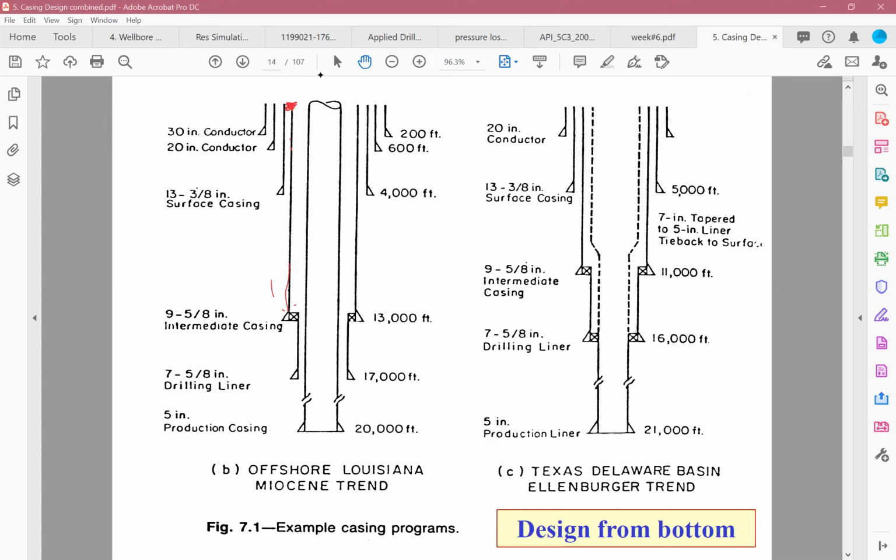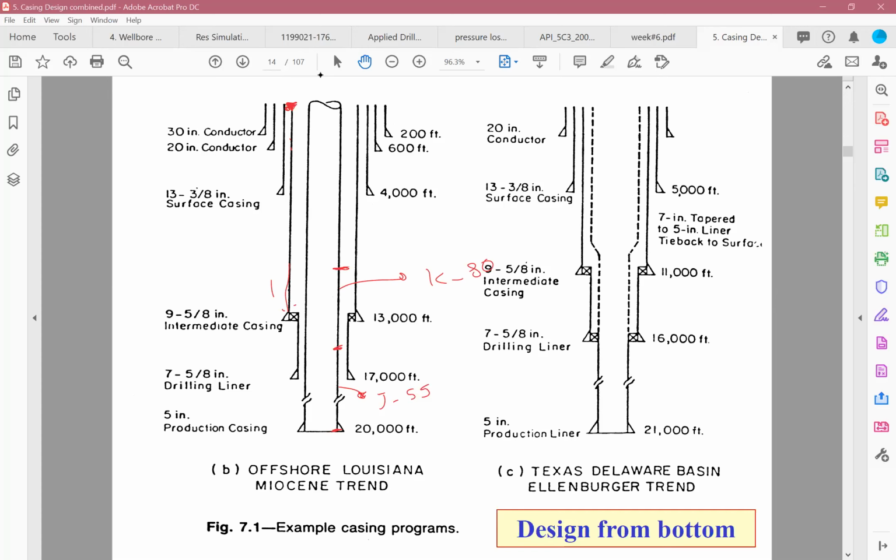Okay. And for that purpose, we start from the very bottom. So for example, in your wellbore, you might have a section. Let's say you are designing your production casing. This might be, I don't know, J55 casing with one specific diameter. Then from here to here, you might use, I don't know, K80 casing, right?